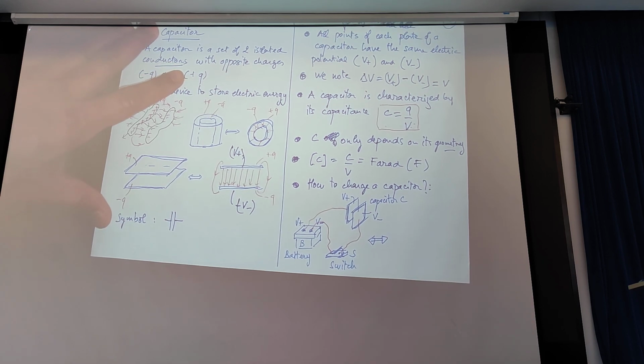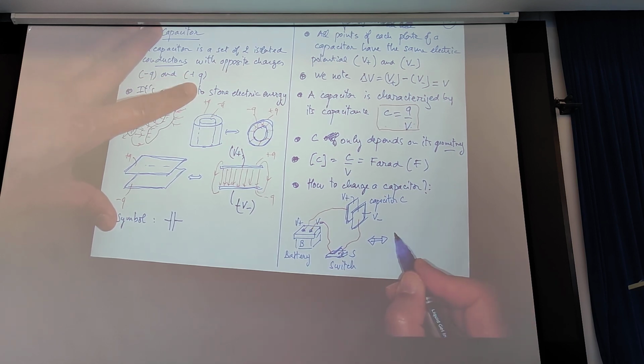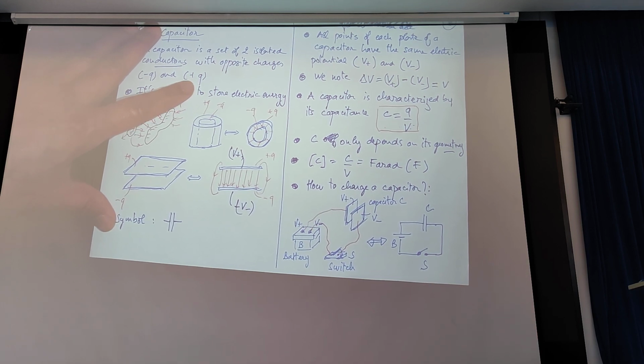Now I'm going to draw this kind of circuit like this. So this is B, this is C, this is S, this is V plus, this is V1.